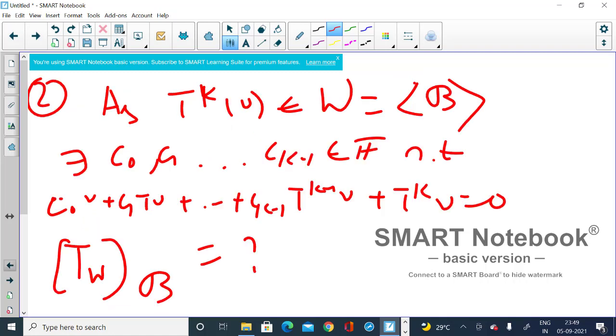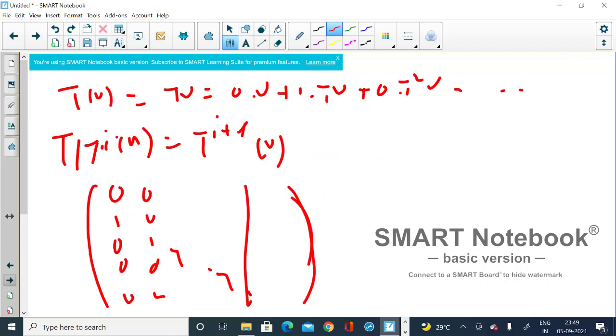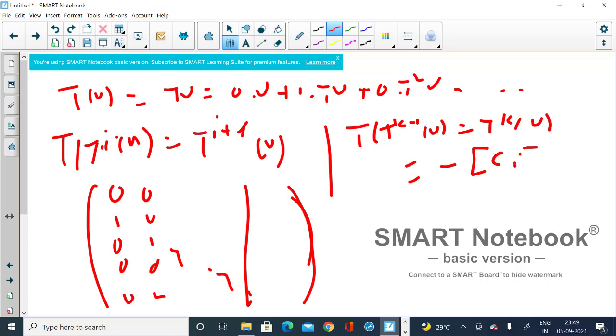When you apply T on T^(k-1) of v, you will have T^k v, but T^k v will be minus the sum of c_i T^i of v, i equal to 0 to k minus 1, right? So this will be minus c0, then minus c1 and minus c(k-1), exactly. This is the matrix form of T_W.